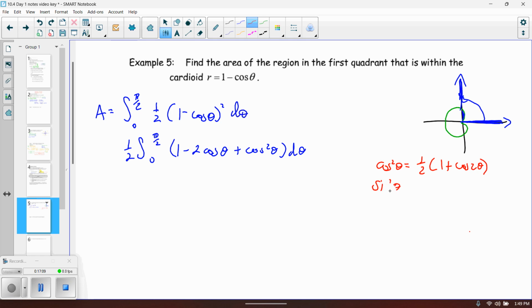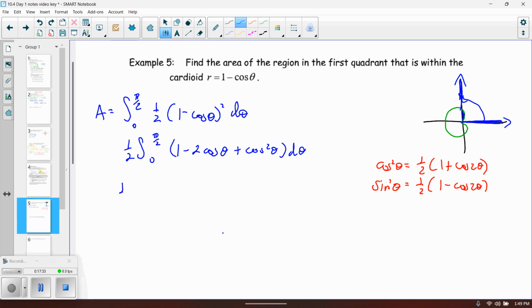Just don't get them backwards. Sine squared of theta is 1/2 of 1 minus cosine of 2 theta. And these were also introduced back when we did higher order trig integrals, but I'm just reintroducing them here because we will need them. And we need it right here.